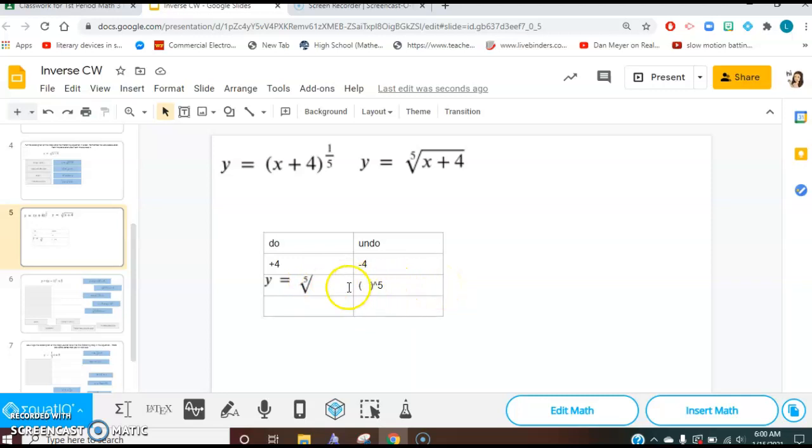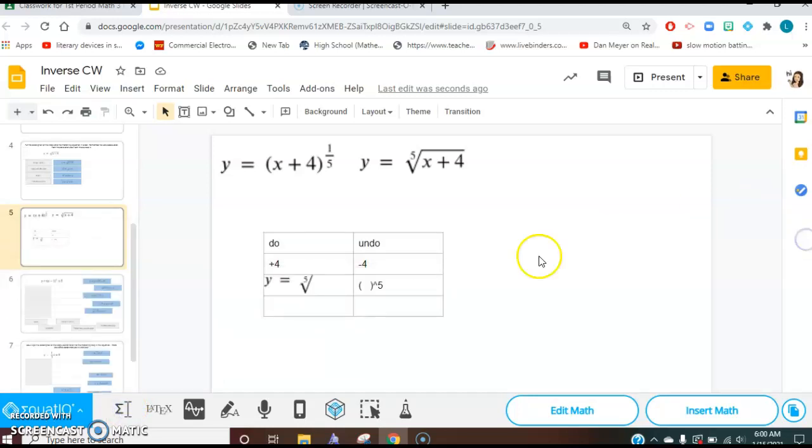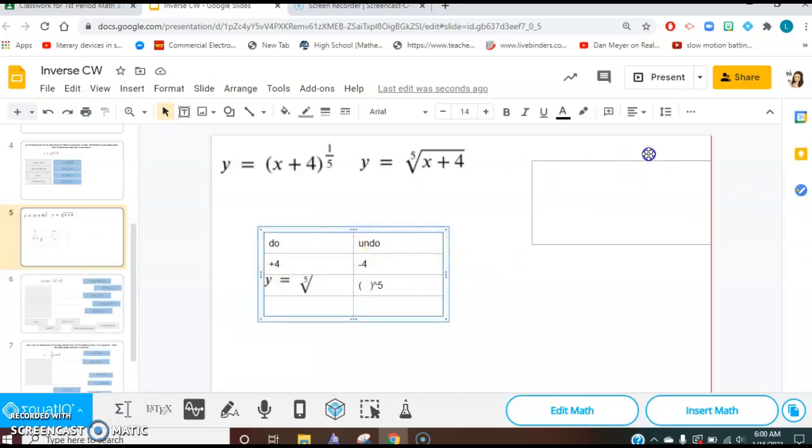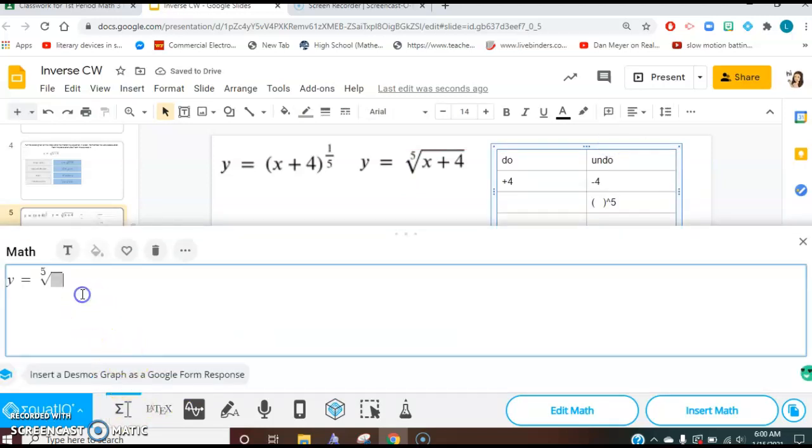All right, so I need to take my x, and I'm going to be raising my x to the fifth power. Let me move this so I can see it. So I'm going to be taking my x, and I'm going to be raising it to the fifth power, and then minus 4.